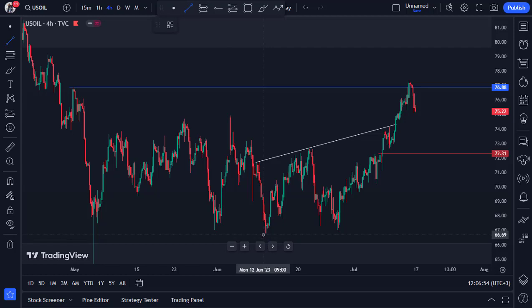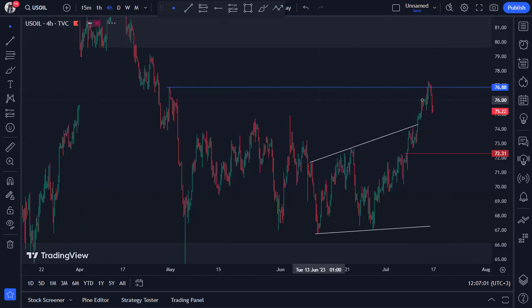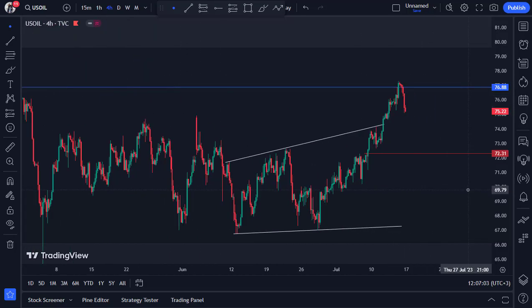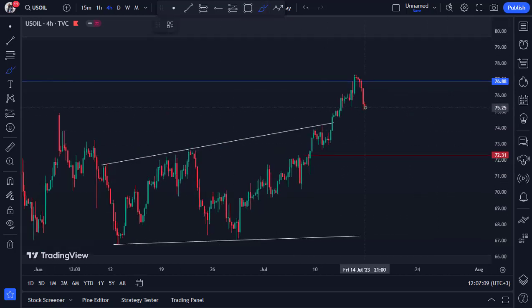You can see the price did extend to the upside, broke this key area, and then quickly had a very deep, very impulsive move to the downside. So what I'm expecting currently is this price to give me a pullback, then at least target this area.